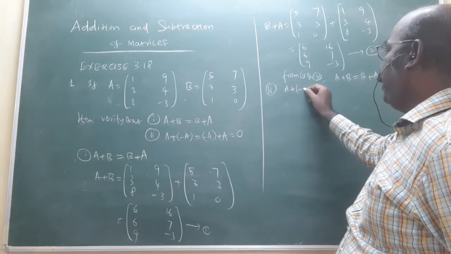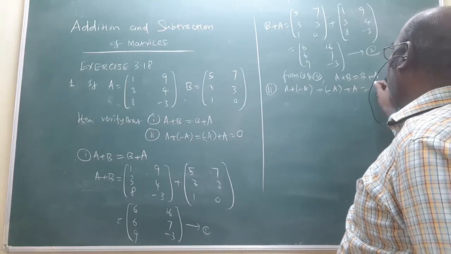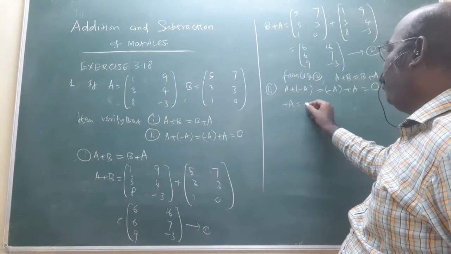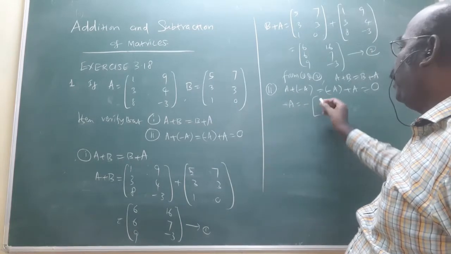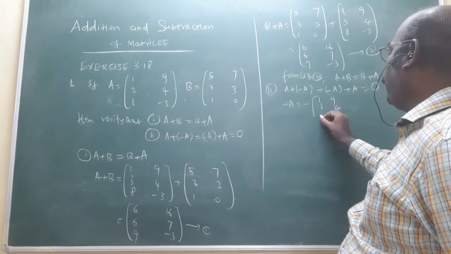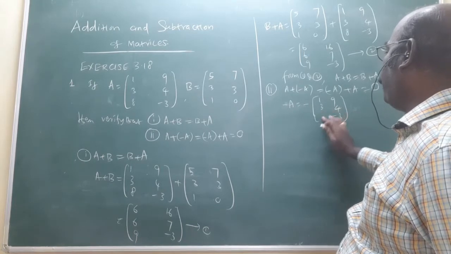A minus A equal to minus A plus A equal to 0. Now, first find minus A. What is A? 1, 9, 3, 4, 8, minus 3. This is the negative of the matrix.